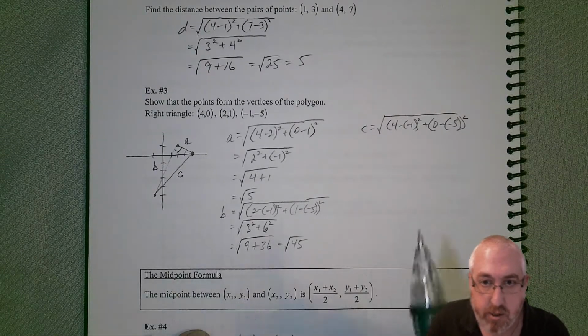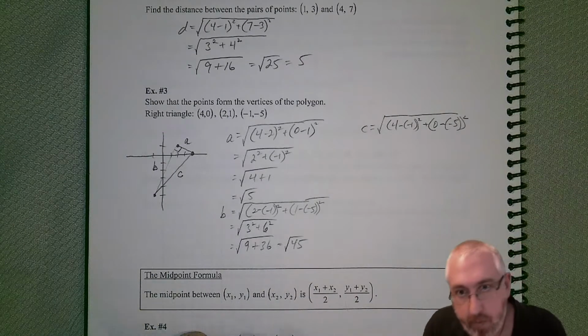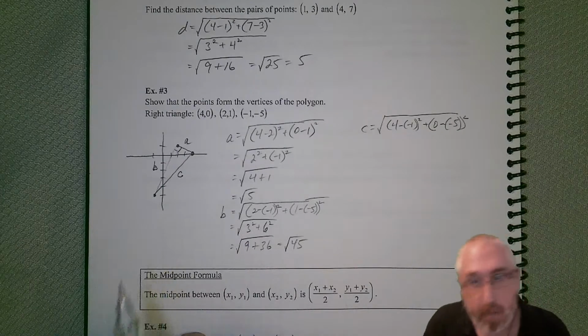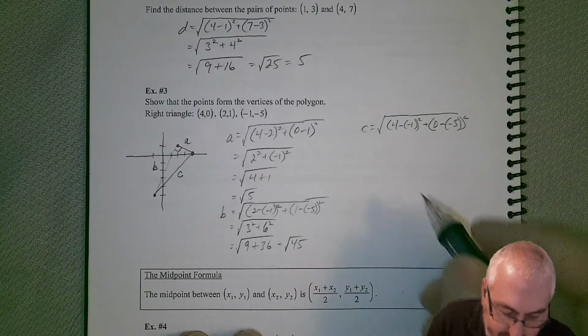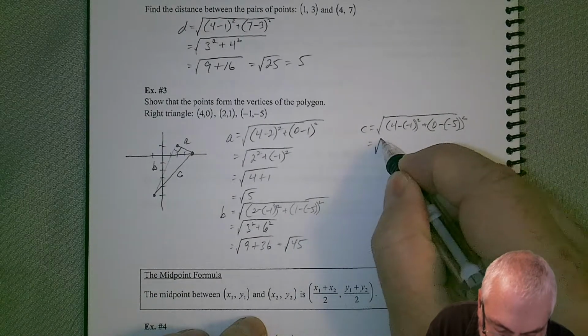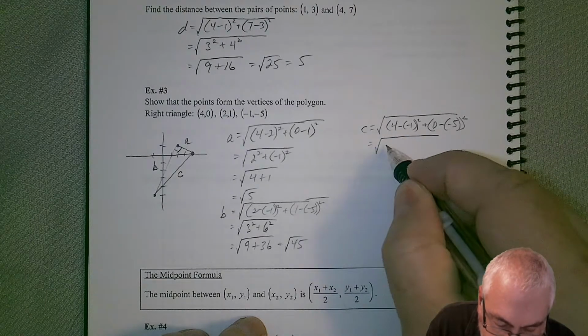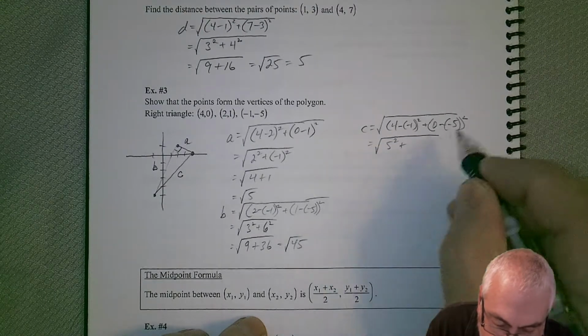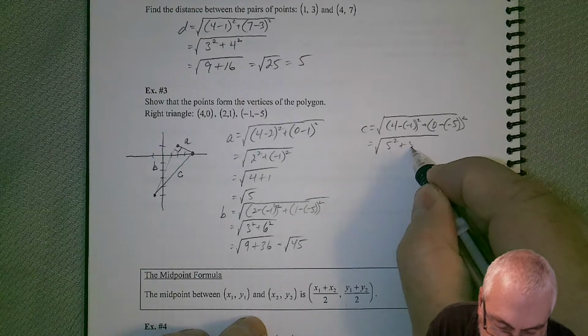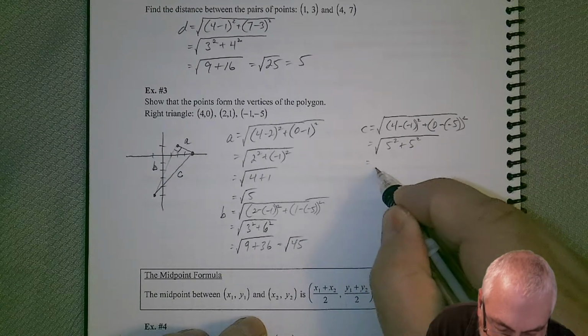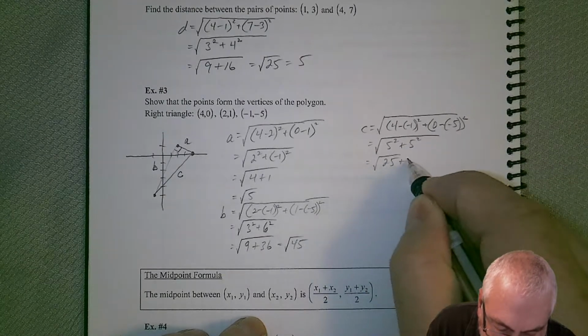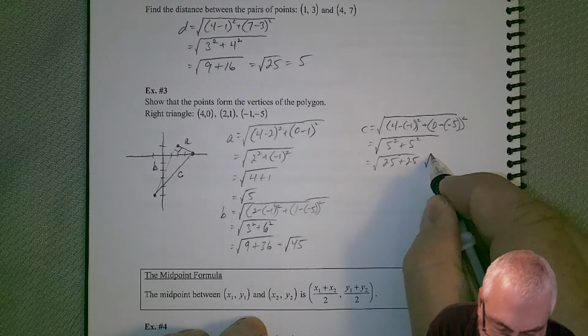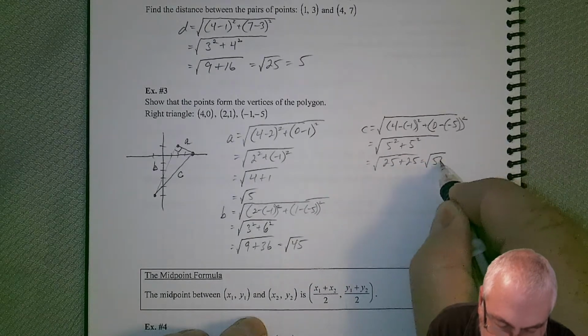So again, as long as you're just using that same pattern going from one point to the other and then back to the first one and then back to the second one, that's the key. So 4 minus -1 is 5. Minus -5 is 5. So 25 and 25, which is equal to the square root of 50.